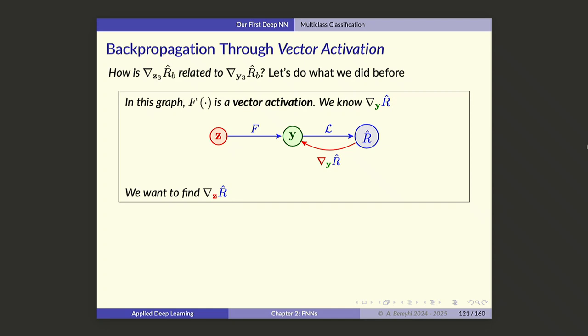So my Z is going to be Z1, Z2, till ZC, and then I am going to compute out of this, with the vector activation, Y1, Y2, till YC.